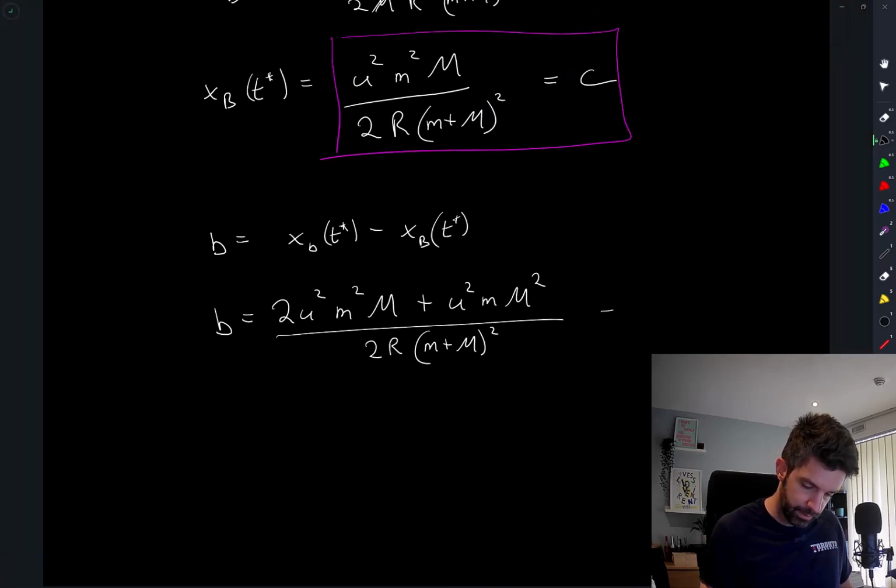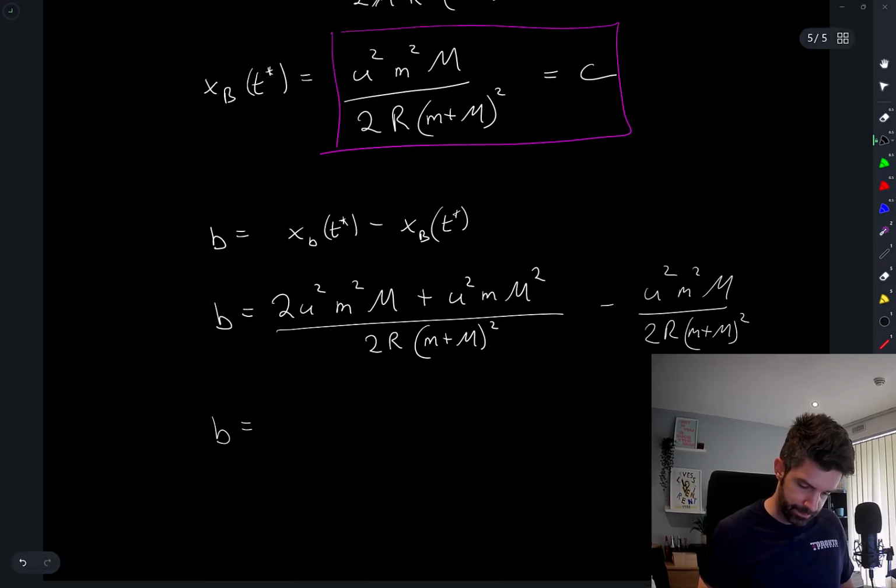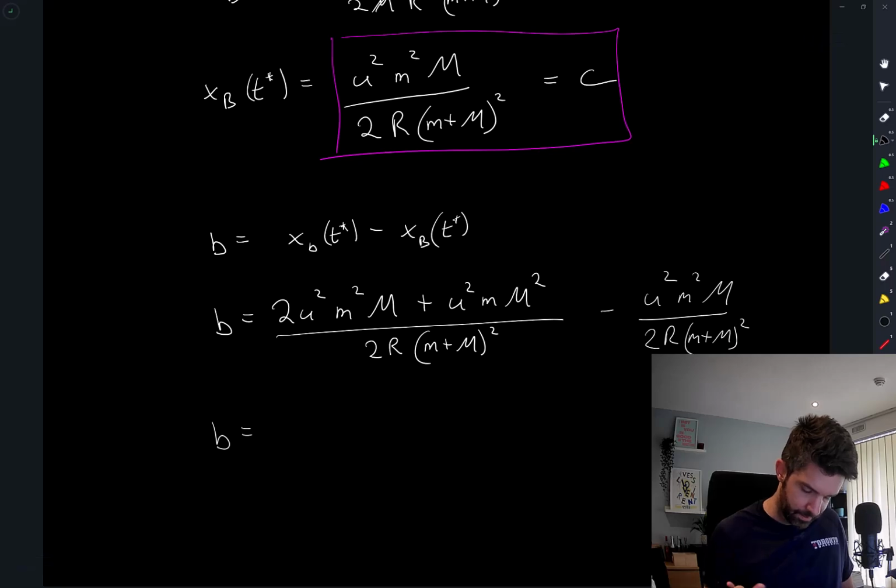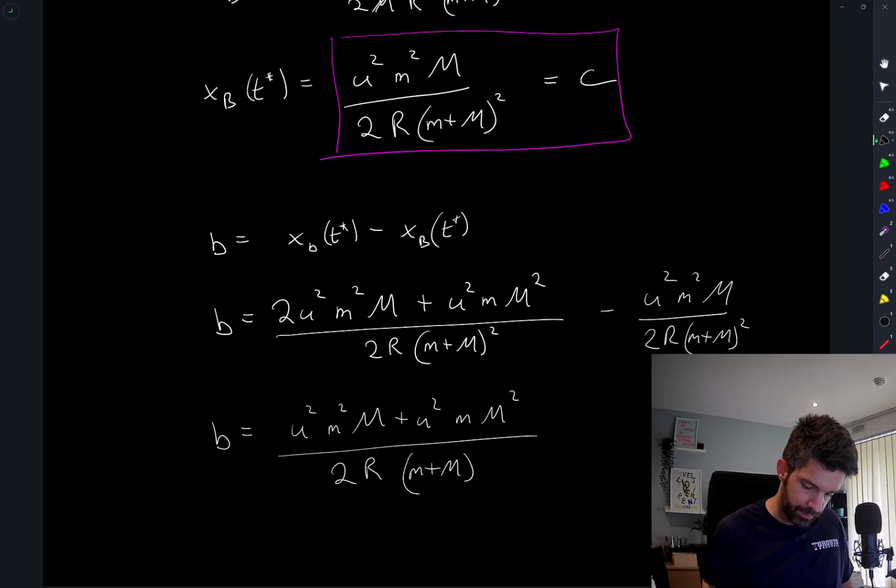So we're subtracting u squared m squared capital M divided by 2R times m plus capital M squared. So the denominator is already locked in for us, and we just lose one of those. So we get u squared m squared capital M plus u squared m capital M squared over 2R times m plus capital M squared.